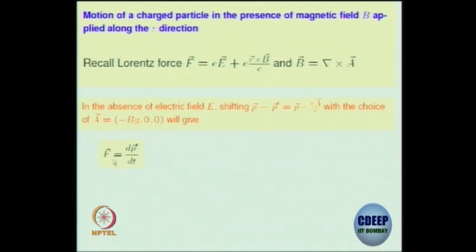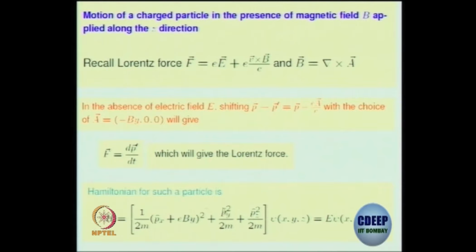So the force law, which is dp prime by dt, this is what I was saying, and you can write the Hamiltonian with this choice of A. This is one specific choice. I get this as the Hamiltonian. Now look at this Hamiltonian and tell me what is happening. Let's just keep c to be 1.